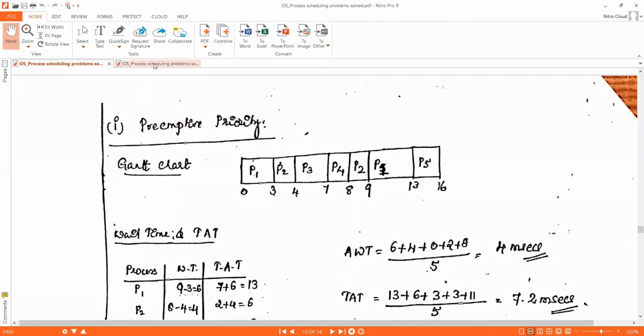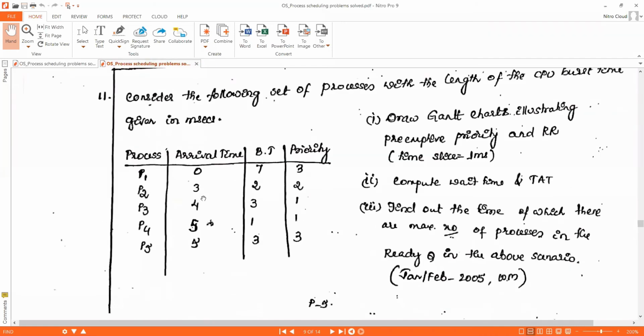Next, at clock time 3 milliseconds we have another process, which has priority 2, arrived in the ready queue. At clock time 3, process 2 arrives. What is the priority of process 2? It is 2.